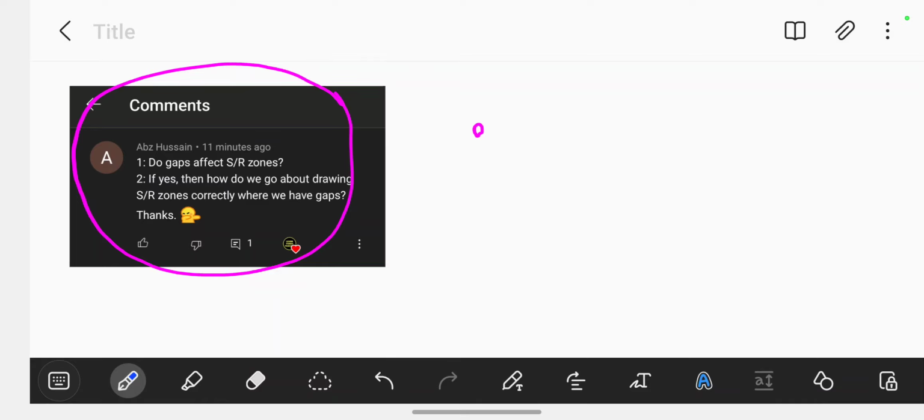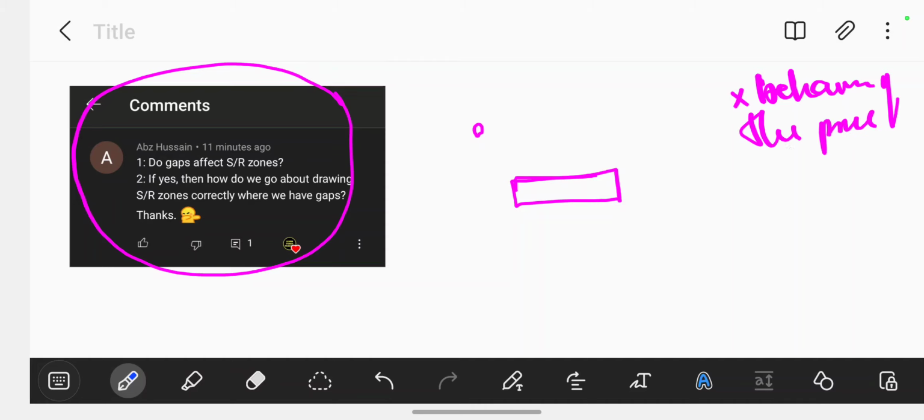You need to understand that when you are identifying a level, you identify that this is my level, right? And then you need to assess how the price behaved after forming your zone, or how the price moves from your zone.